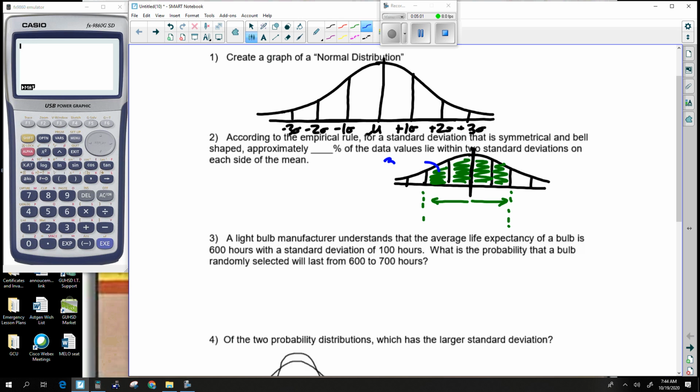This is 13.5, this one is 34, this is 34, this is 13.5. So if we add all those up, that is going to be equal to 95%.